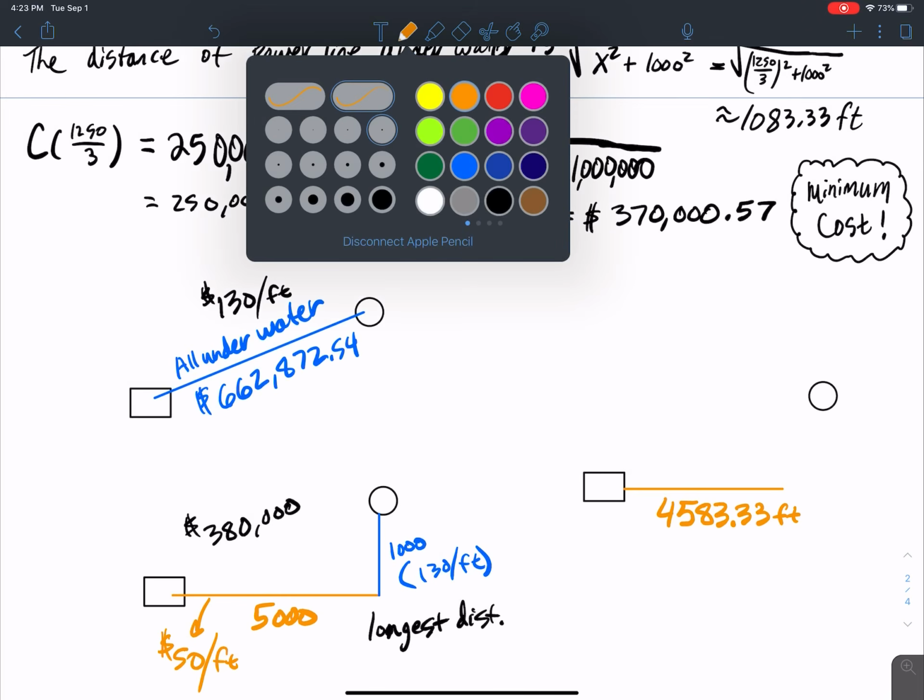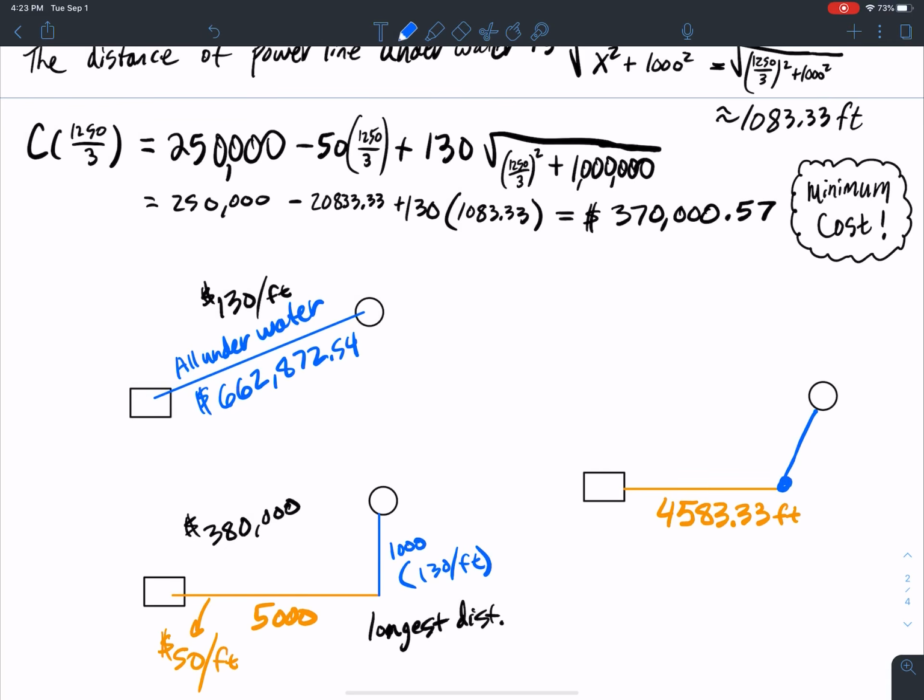And then we took an angle approach to the offshore drilling rig, and we traveled 1,083.33 feet. Okay, and then doing this, my friends, saved us some money. It ended up being 370,000 and then some change, right? So 57 cents.